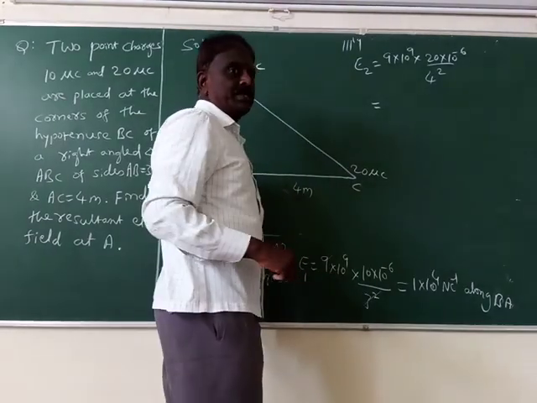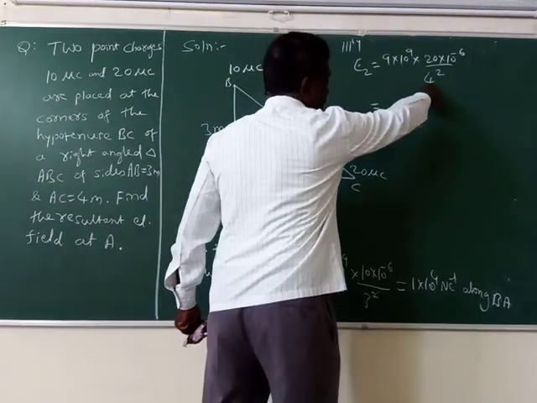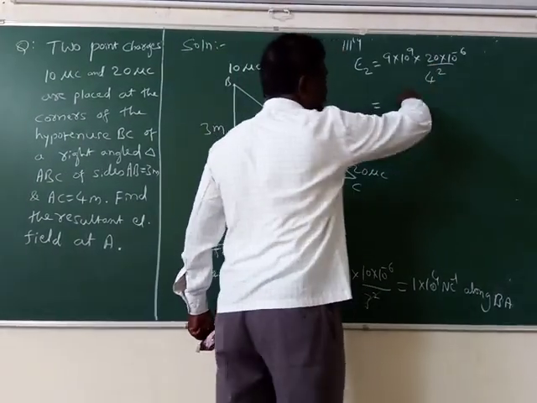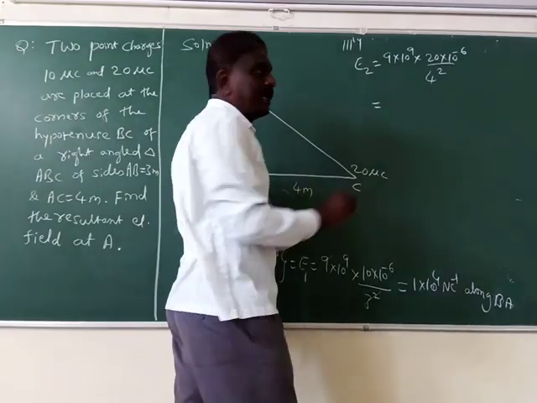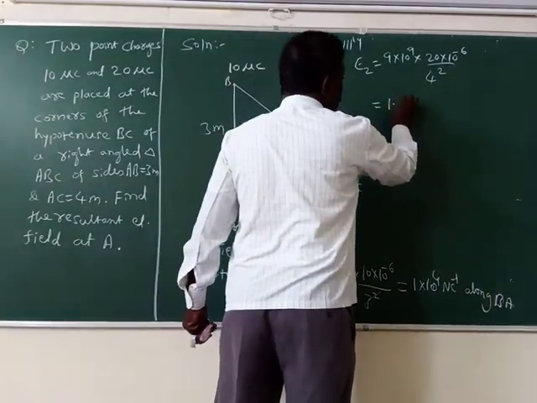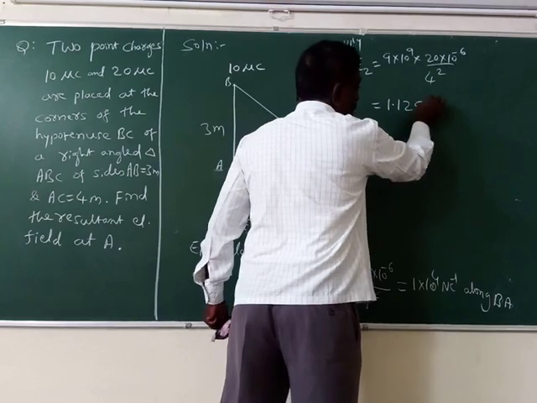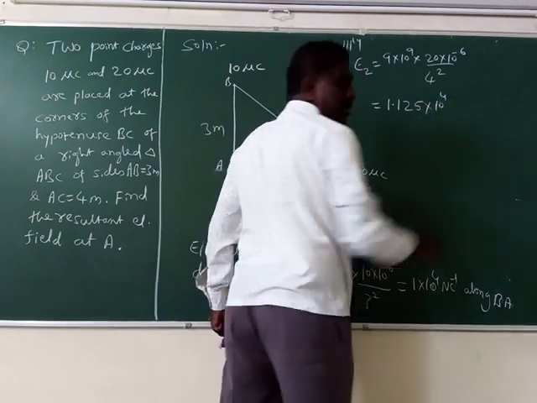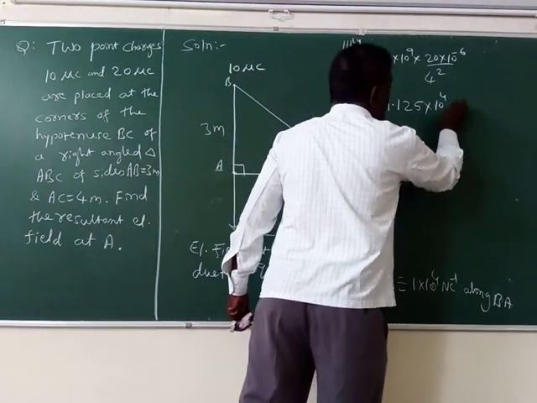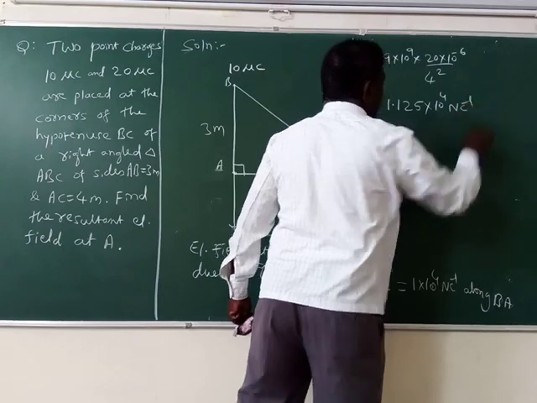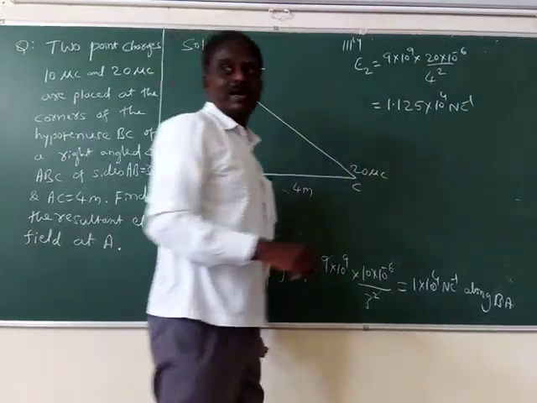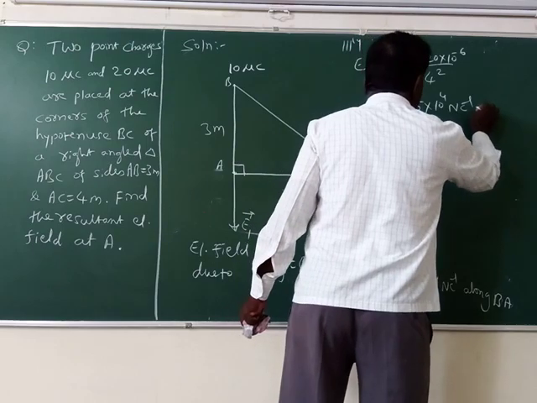If you simplify this, you will get 1.125 into 10 to the power 4 Newton per coulomb. Okay. What is the direction?